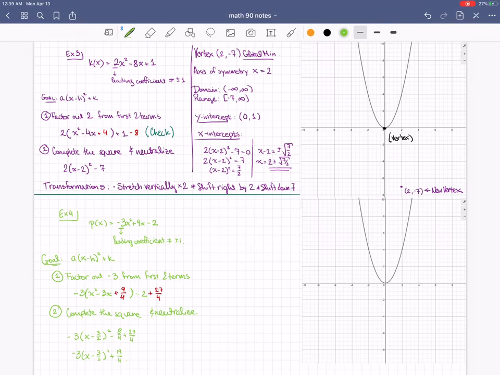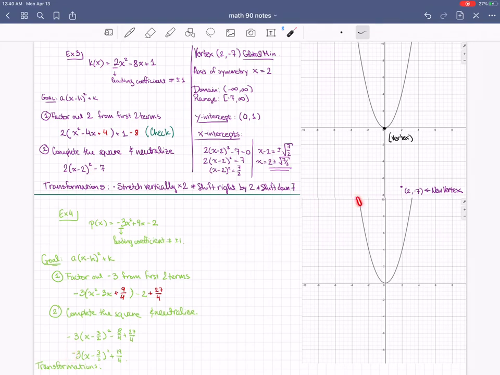Okay, good. So in terms of transformations, this is important. The fact that there's a negative on the outside means that there is a reflection in the x-axis.